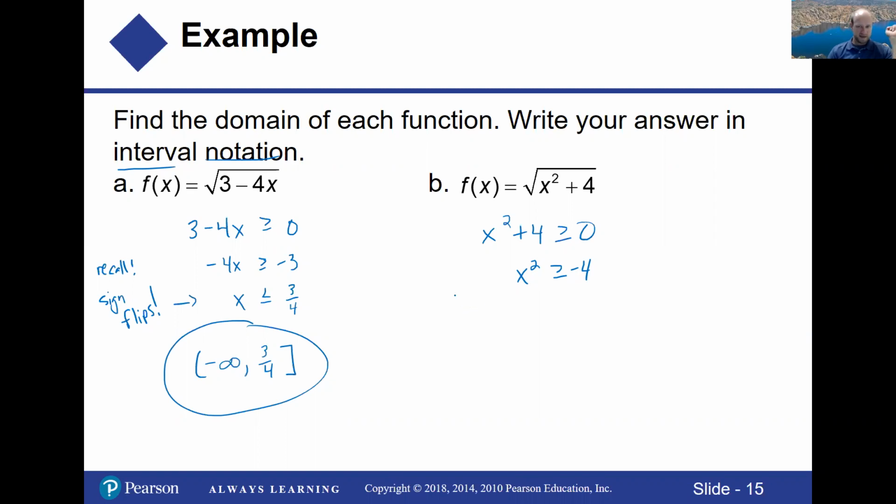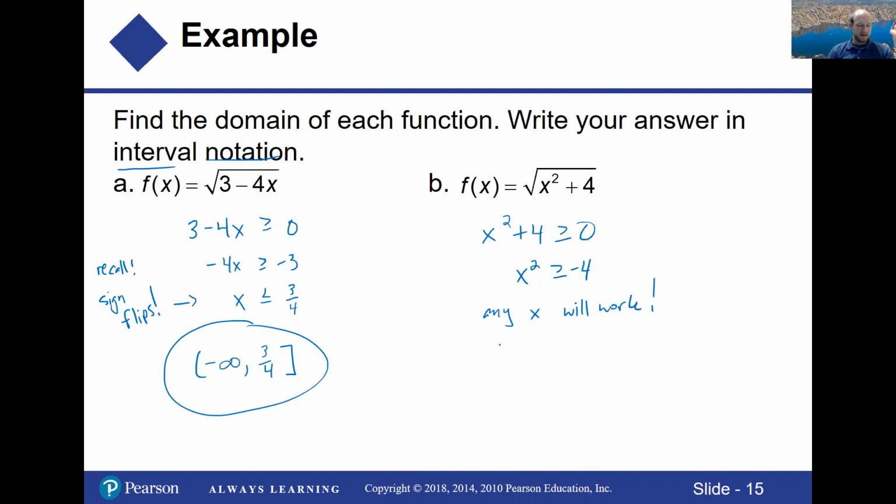So in this case, since any x that we have is going to make this greater than or equal to -4, basically in kind of very non-mathematical terms, any x will work. Okay, so what does that mean?